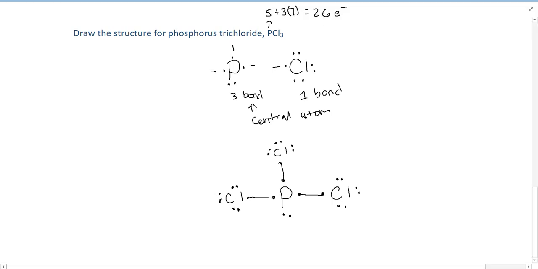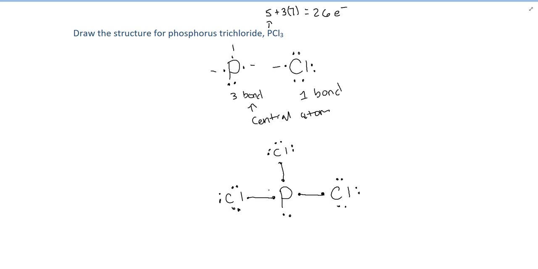Lone pairs are 2 electrons, and the bonds are 2 electrons. In all of these structures, you should not end up with an electron sitting by itself that is either not paired up with another electron or not involved in a bond. An unpaired electron is something called a free radical, which is very high energy and unstable.